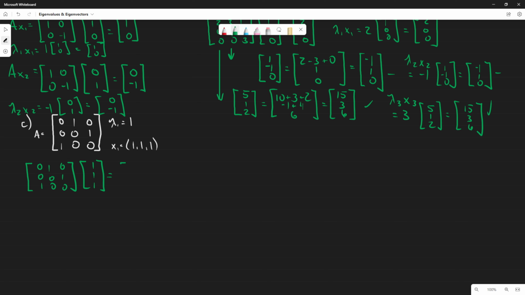This simply gives us 1 times 0 is 0, and 1 times 1 is 1, and so on, giving [1, 1, 1]. Now to check, we have lambda 1 multiplied by x1, which is 1 times [1, 1, 1], which is just [1, 1, 1]. These two are the same, which means this eigenvector has its corresponding eigenvalue for this matrix.